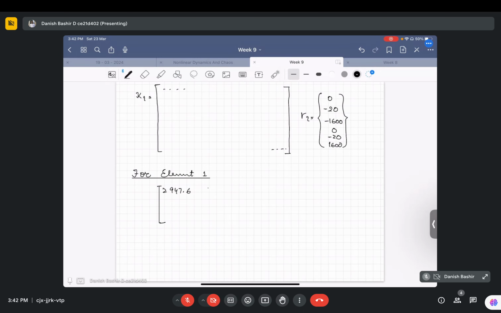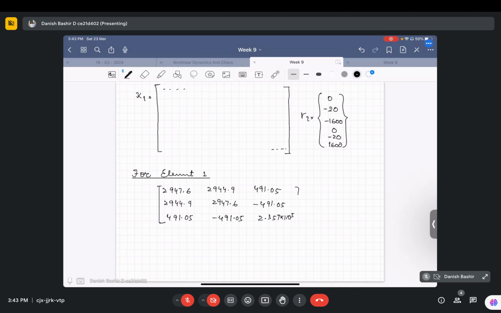2947.6, 2944.9, another is 491.05, 2944.9, we have 2947.6 minus 491.05, 491.05 minus 491.05, we have 2.357 into 10 to the power 5.